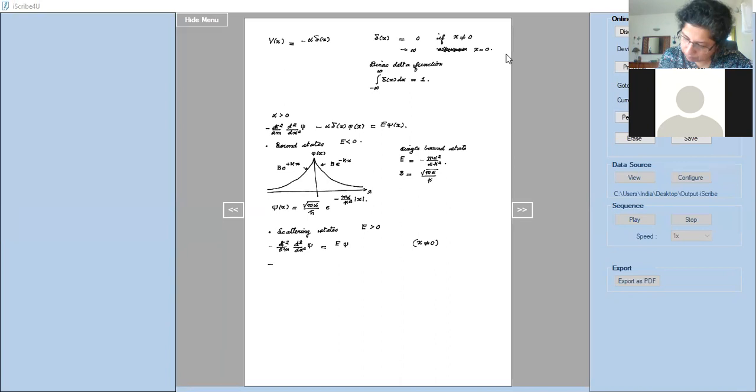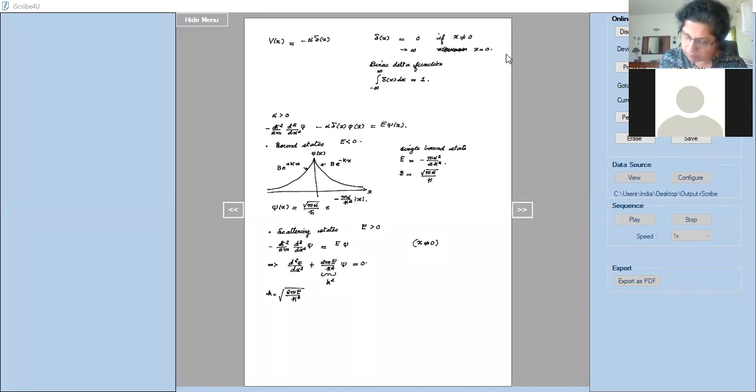So this implies that d square psi by dx square plus 2mE by h cross square psi equals 0, and this you put as some k square. What do you get as your solution? Please remember, your k is going to be root of 2mE by h cross square.